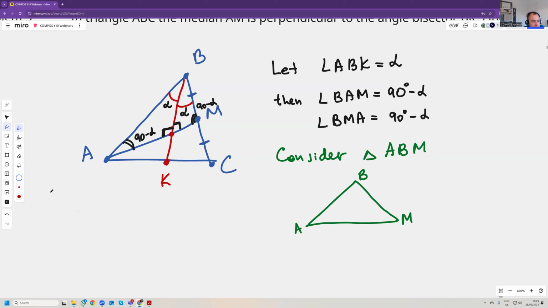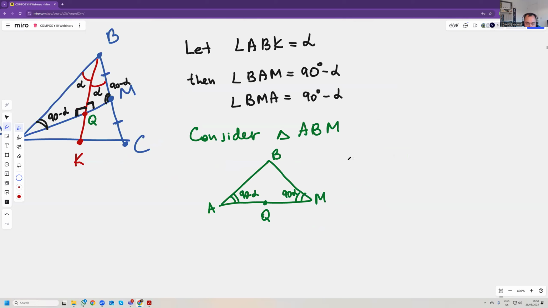And we can see that, well, let's call this point Q. Because this is 90 minus alpha and this is 90 minus alpha, angle A is equal to angle M. Hence, triangle ABM is isosceles.